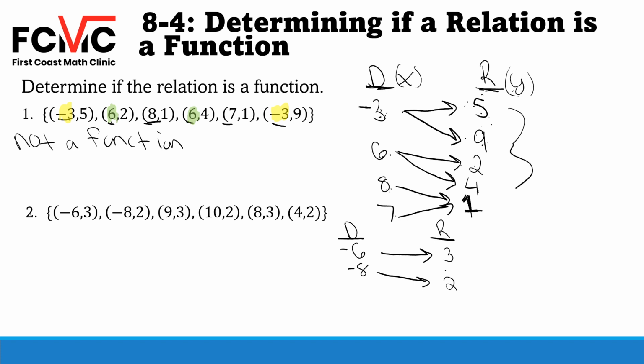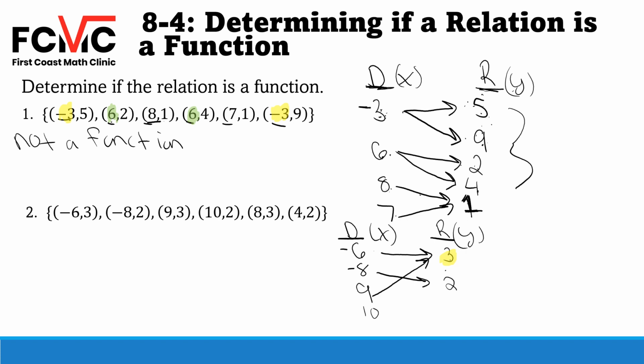I don't see -8 anywhere else, but we've got a 9. 9 is paired with 3. Now, this 3 from our range, our set of y values, is paired with multiple x values. But remember, we don't care about what the y values are paired with. We care about what the x values are paired with. Our x values can't be paired with multiple y values. The y value pairings don't matter. Our x values still are only paired with one value. So we still have a function here.